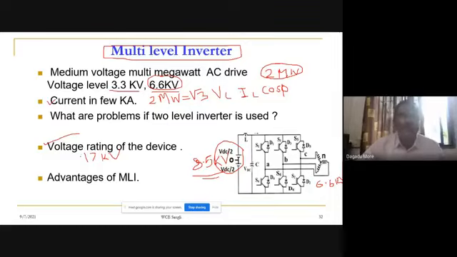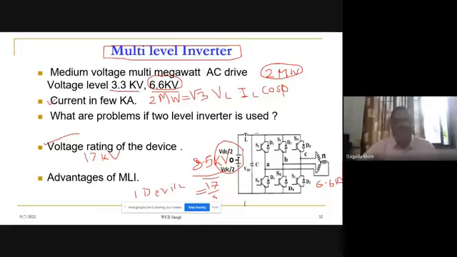So here, 17 kV, if it is a 5 level multi-level inverter, what is the voltage rating of one device? For 5 level, one device rating will be 17 kV divided by 4. So we get around 4.25 kV, something like that.